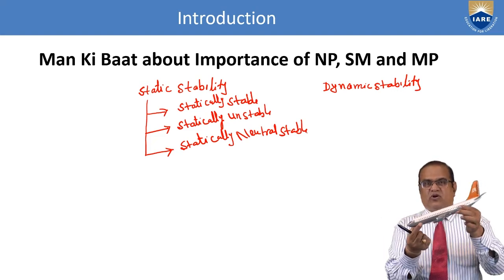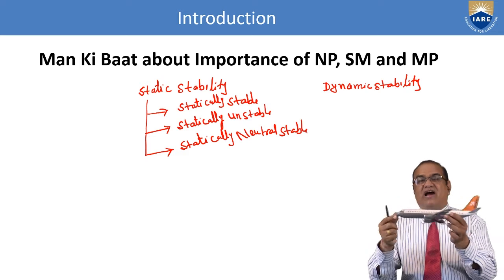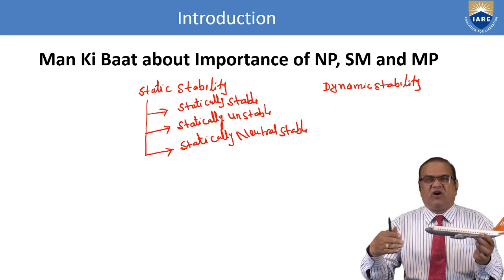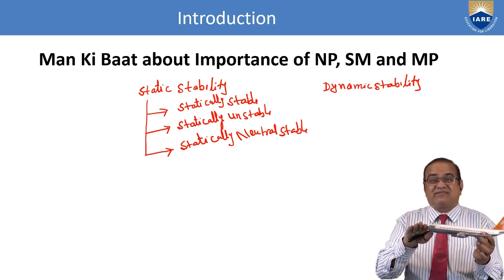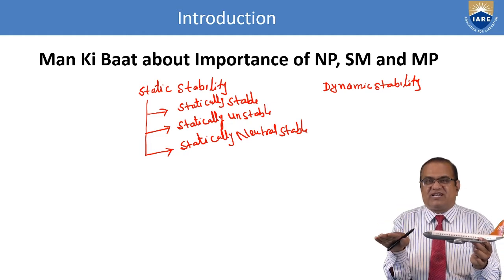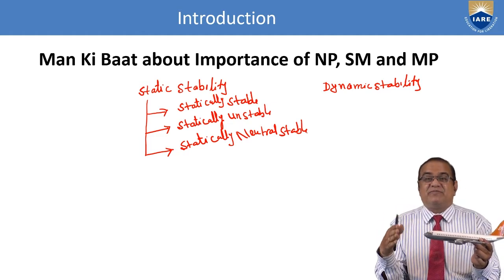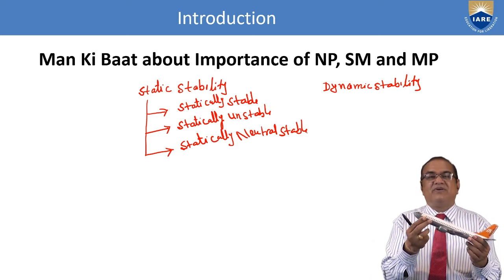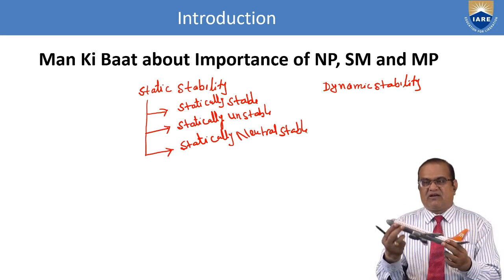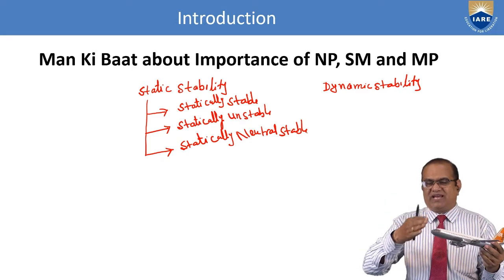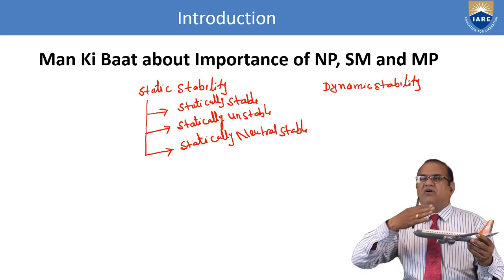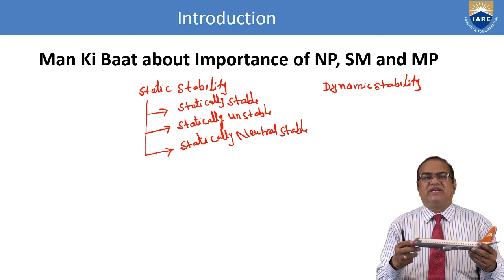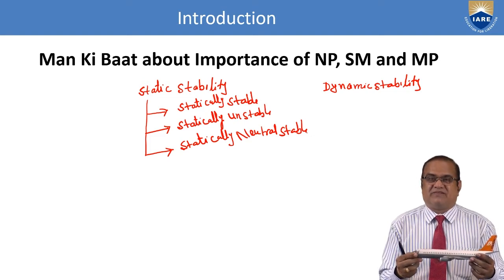Okay, so it will nose up, nose down, and after some time t, a few seconds, if the aircraft is coming to its equilibrium position, we can say that this aircraft is dynamically stable. If the aircraft is not coming back at all, and every time it is maintaining the same amplitude for so much time, it is neutrally dynamically stable.